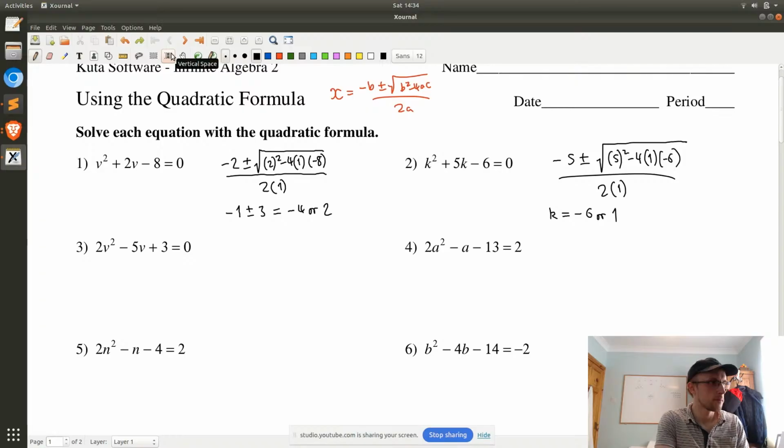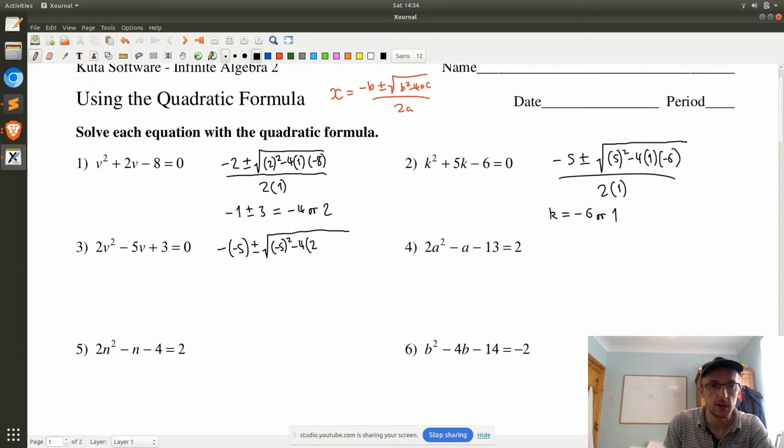Anyway, just do a few more here. Just put everything in brackets so you won't mess up with substituting. B squared and then minus 4 times A times C, and then all of that is divided by that, just like that.